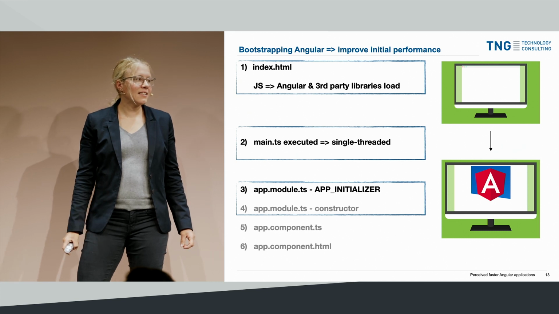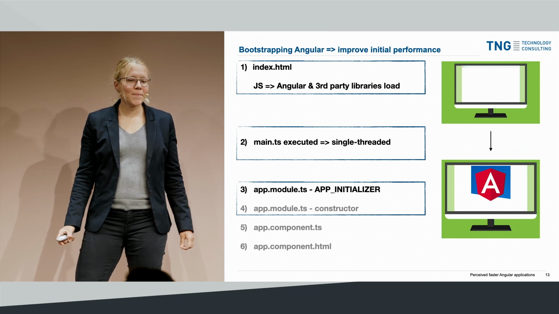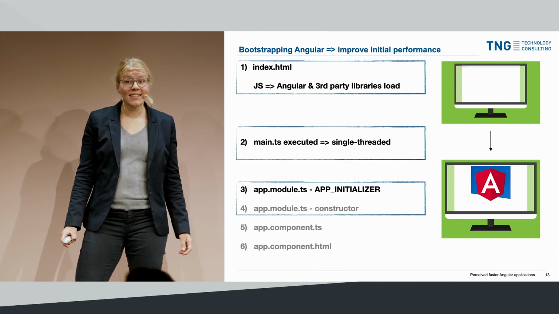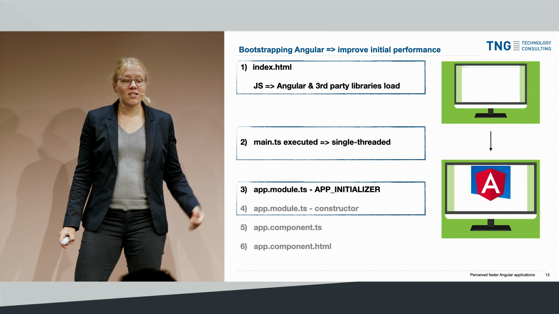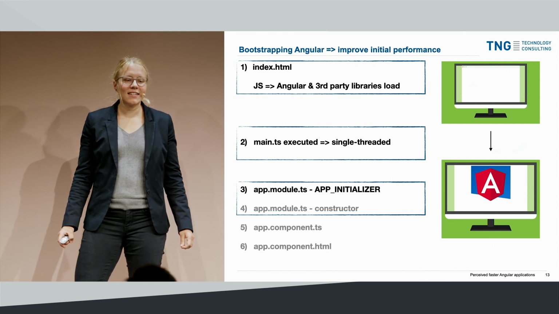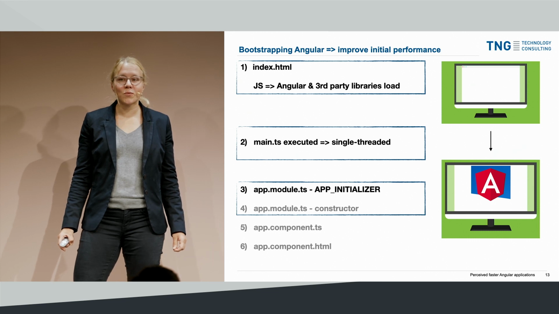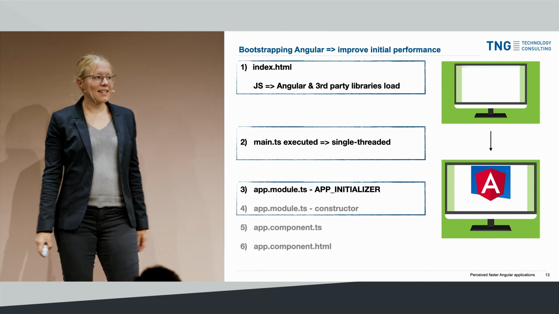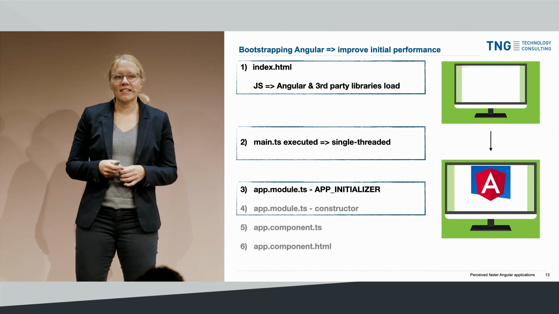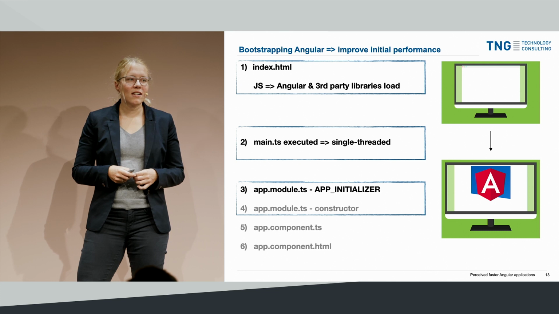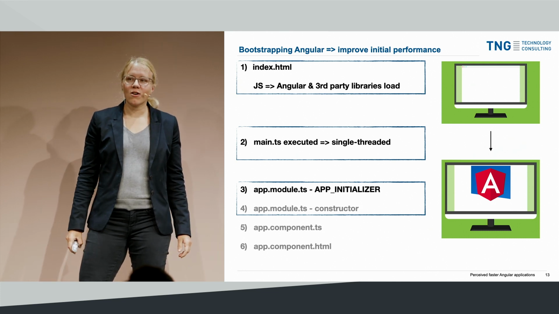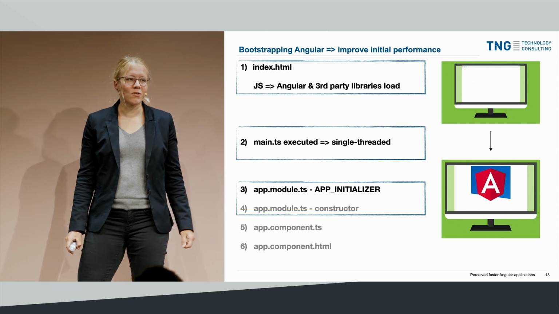And the 3 files I want you to keep the most interest in are, first, the index HTML, where all our JavaScript is loaded, and in the end, our content is being projected. Second step is the main TypeScript file, the initial vanilla JS file where our Angular content is bootstrapped. And then, going into Angular content, we start with the app module.